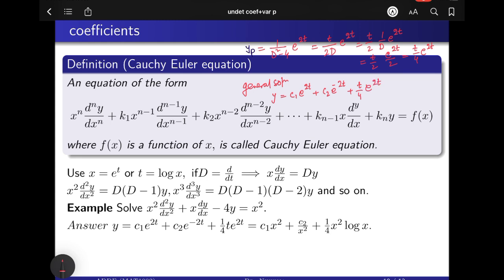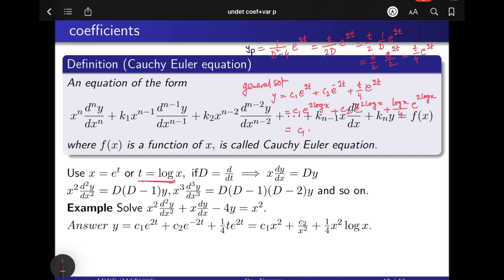Now back substitute t equals log x, already we have taken that. x equals e power t, that is t equals log x. You can back substitute this quantity: c1 e power 2 log x plus c2 e power minus 2 log x plus here log x by 4 e power 2 log x, this quantity.